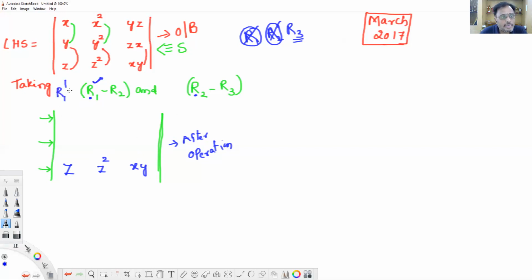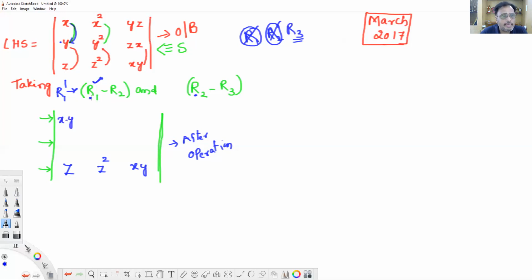So once again I am telling you how new R1 is being formed. New R1 will be formed by doing the surgery R1 minus R2. Do it and write R1 minus R2. I'm going like this here. First x minus y.